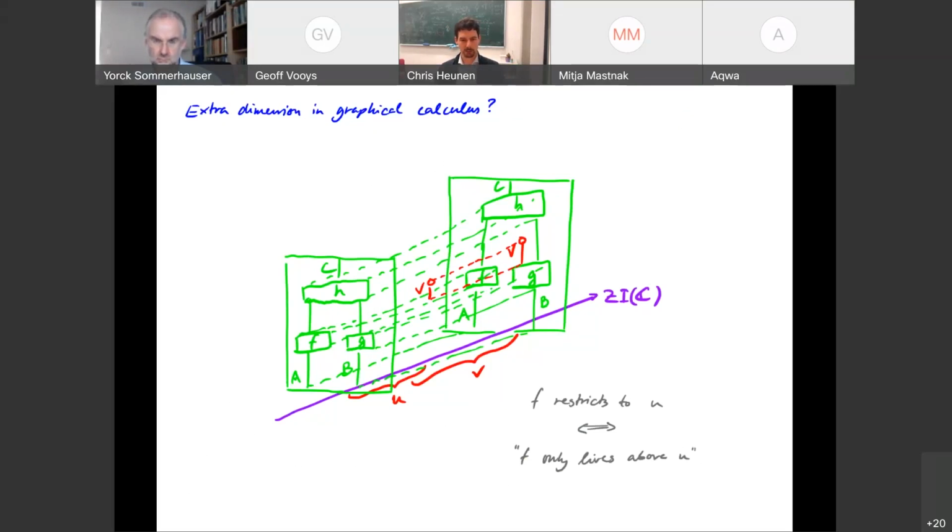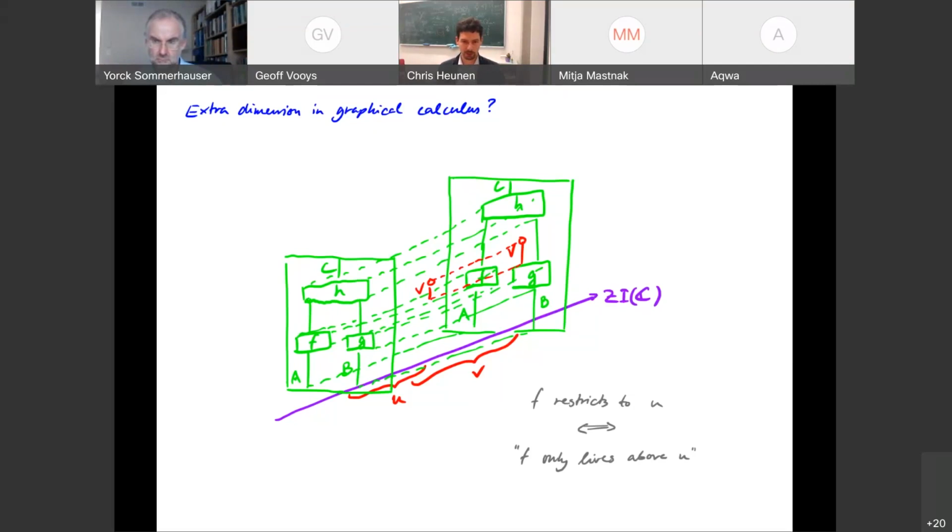We have diagrams in there as before, but there's now this purple third dimension that is the central idempotents of C. If I have 2 central idempotents U and V, I can restrict morphisms to U and V, so I get a picture like this. You should really think about F restricts to U as saying that F only lives above U, and outside of that it's empty.